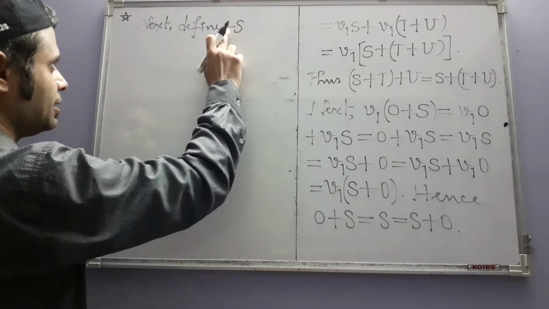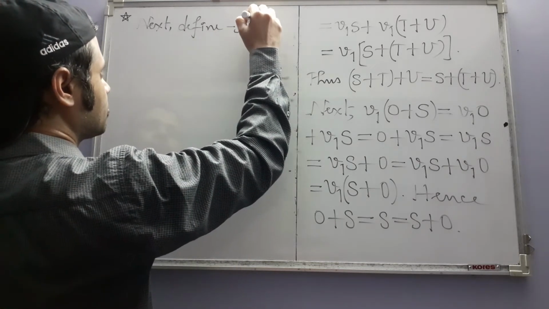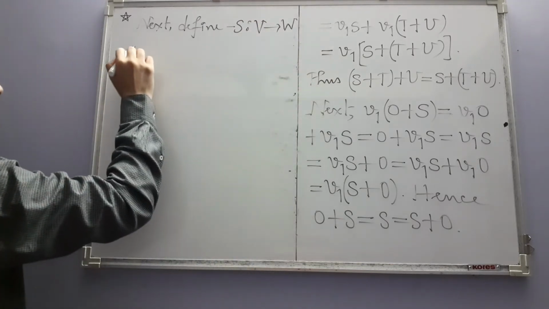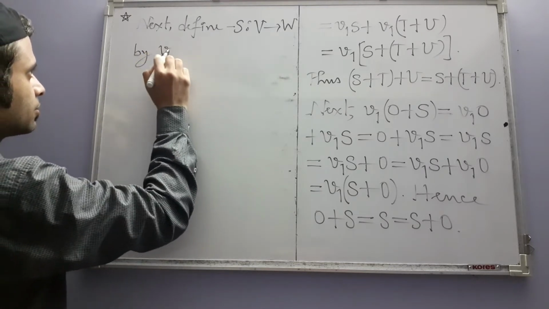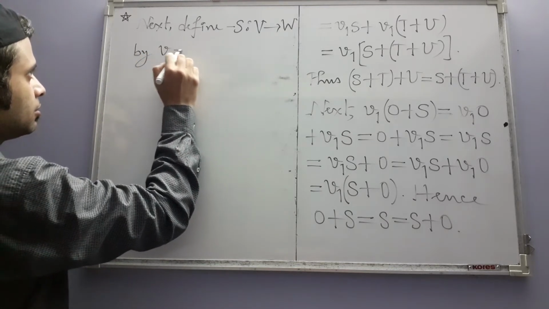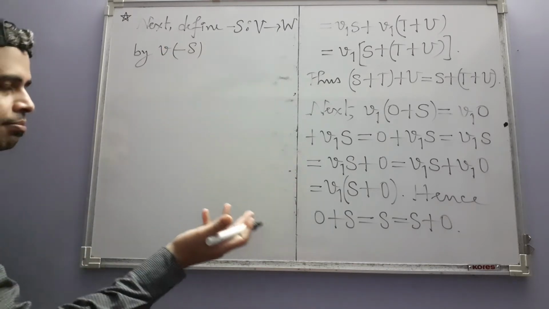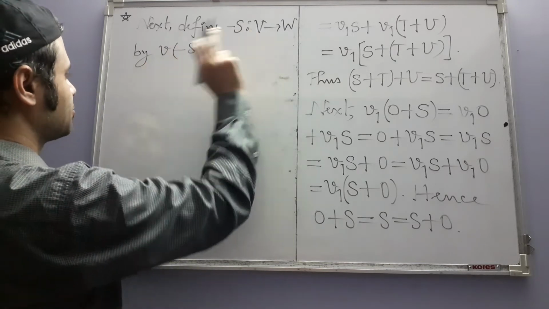This minus by itself does not have any meaning. So it's a function from V to W by this formula. V minus S. While defining these functions, we have been using V, where we understand that this V is coming from the domain.